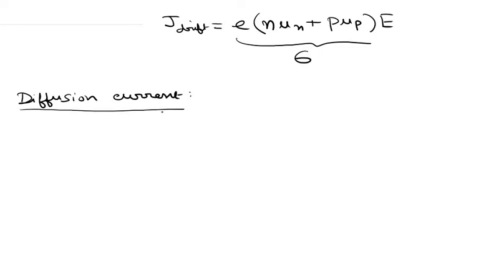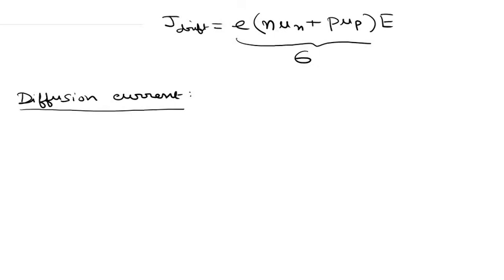If there is a difference in concentration between 2 points, then electrons should flow from the point of high concentration to the point of low concentration, or holes should flow from the point of high concentration to the point of low concentration. So this flow is basically spontaneous. The driving agent is the difference in concentration. There is no electric field requirement for the flow of diffusion current.